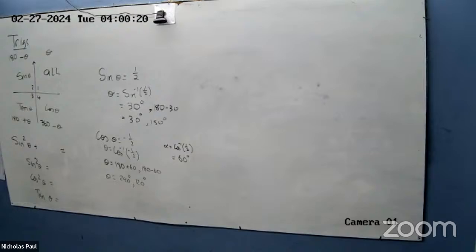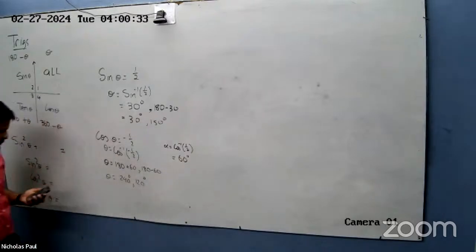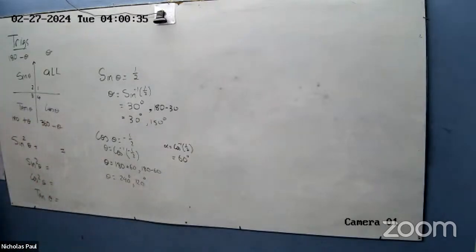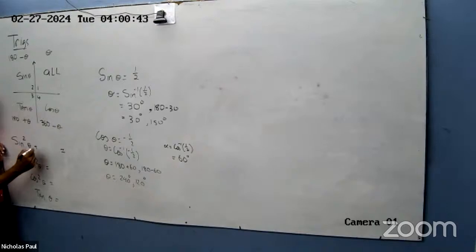Right, so let's work this out fast. Malini, sine squared plus cos squared is 1.